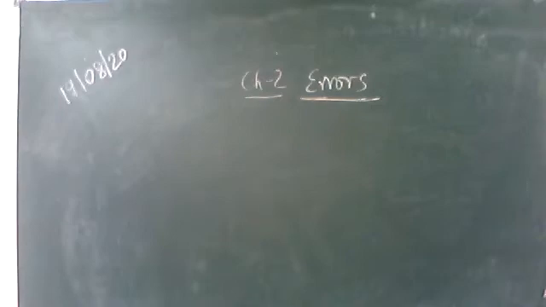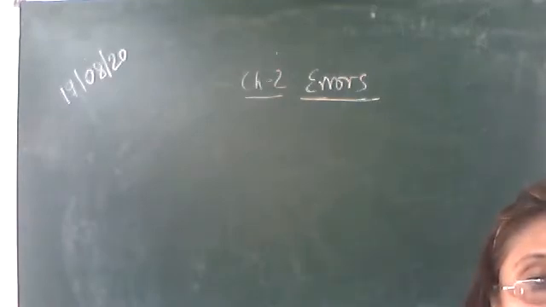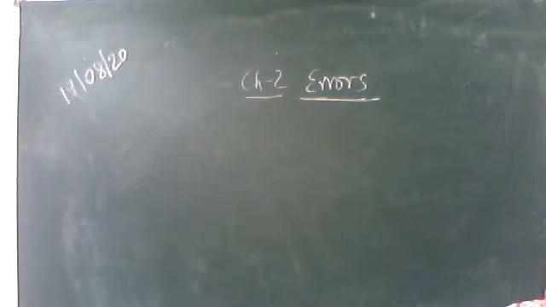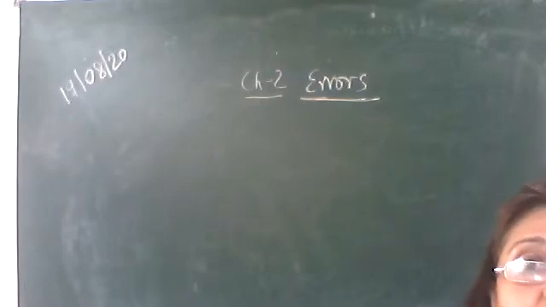Here it is given that, in general, the errors in a measurement can be broadly classified as systematic errors and random errors. It is given in bold letters in blue.